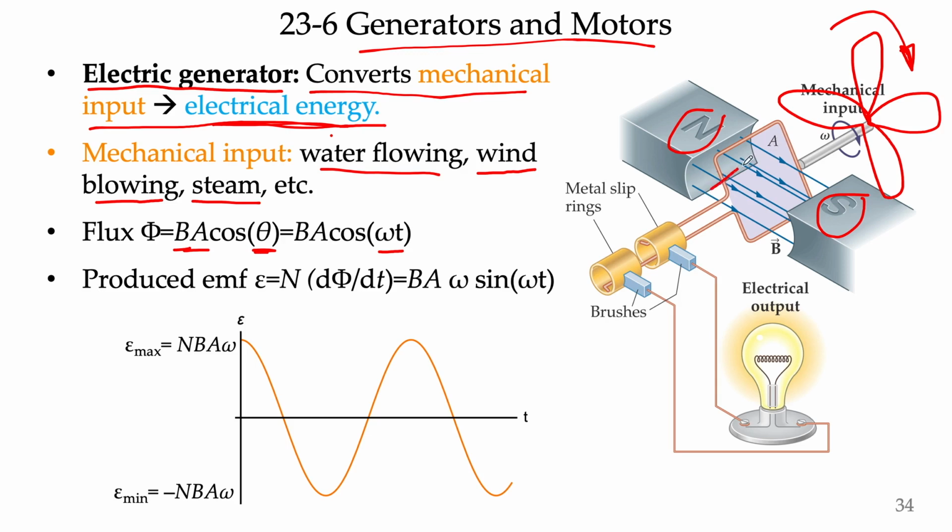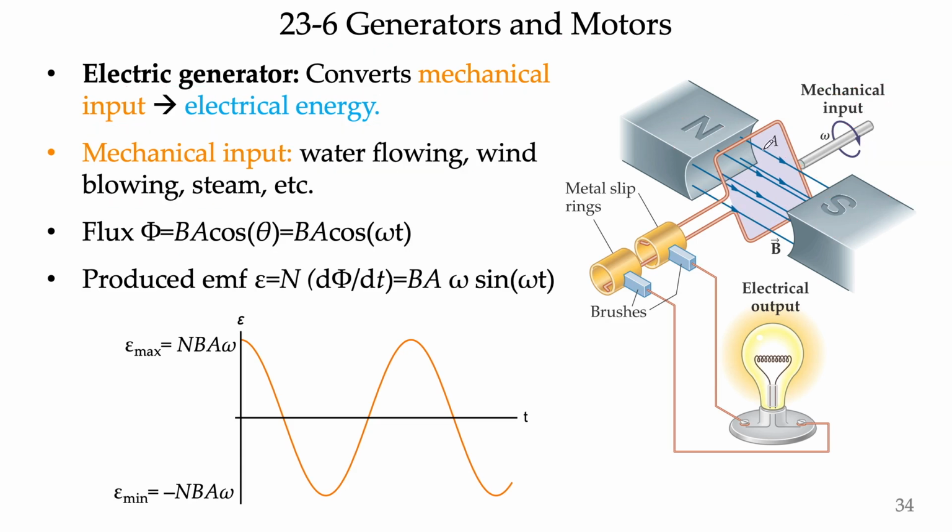For example, when the loop is like this, the flux is zero, because the angle between the magnetic field and the area vector will be 90 degrees, and cosine 90 is zero. But the bottom line is BA is not changing, while cosine omega t is changing with time. So that means the flux depends on time.